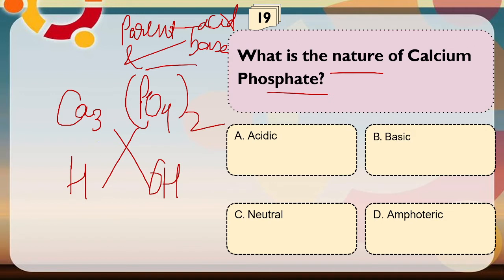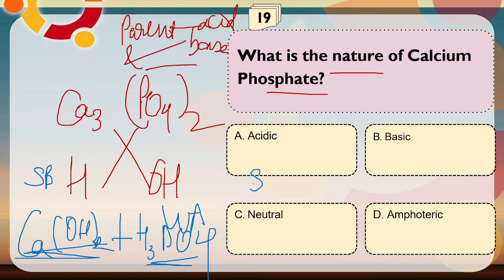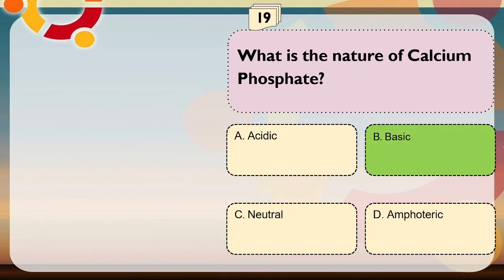Okay. Now Ca plus OH, so Ca(OH)2. Can I say that? Correct. Plus H3PO4. You need to take care about valency and the charge that they have. So slaked lime or calcium hydroxide is a strong base. Yes, H3PO4, that is phosphoric acid, is a weak acid. So you know, when we have a strong base and a weak acid, this results in a basic salt. So the nature is basic.